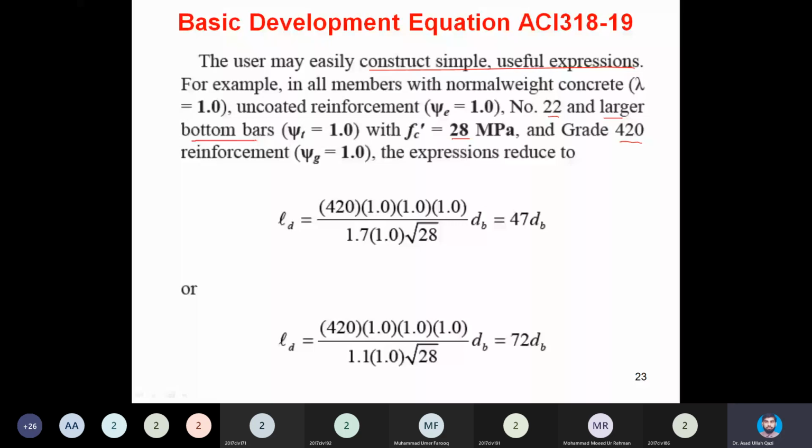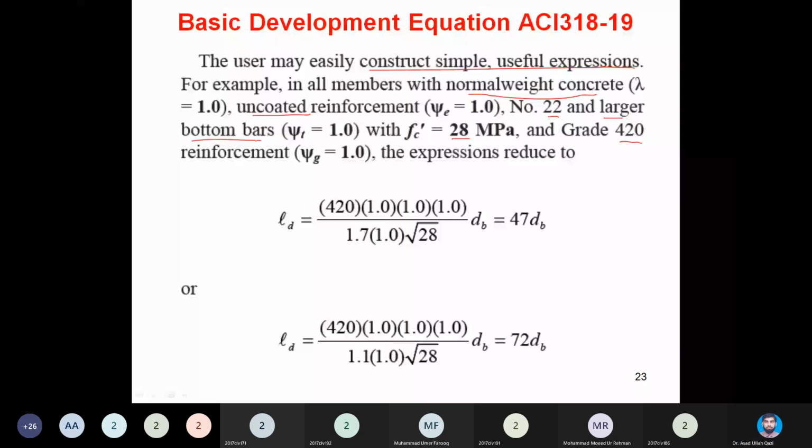So you have the specifications that all the members will take normal weight aggregate concrete, reinforcement is uncoated, and bars are bottom.